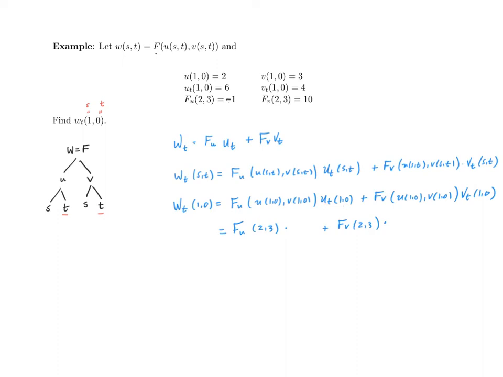U sub t at 1 comma 0 is 6, and v sub t at 1 comma 0 is 4. Finally, in that bottom row, f sub u of 2 comma 3 is minus 1, whereas f sub v of 2 comma 3 is 10. So minus 6 plus 40 leaves us with a final 34.